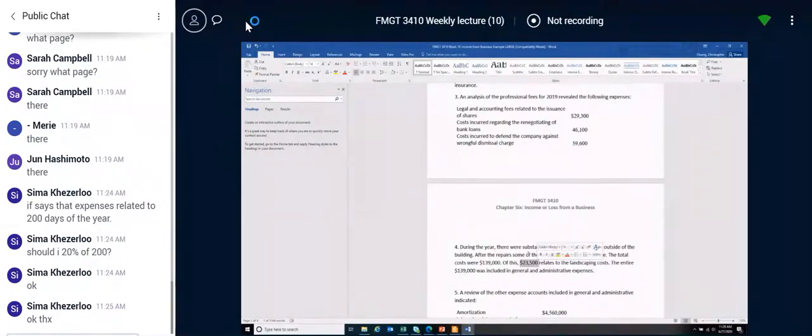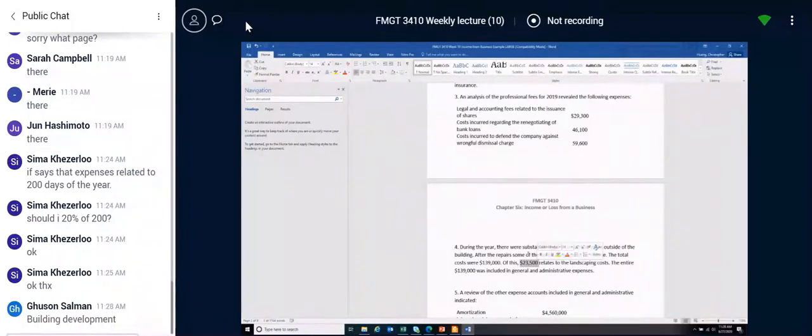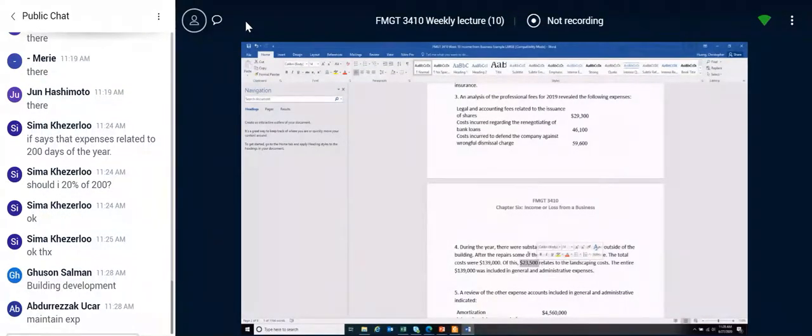Would it be a deduction? So Abdurzak says maintenance expense. Gusan says building. So when you say building development, what do you mean, Gusan? Are you saying it's an expense? Are you saying this is capitalized? Would it be capitalized, or would it be expense?